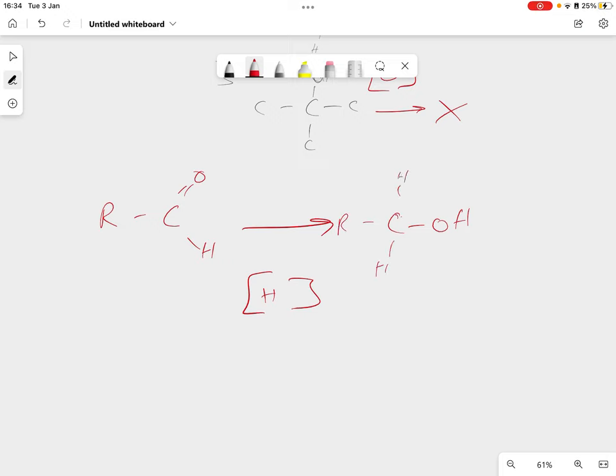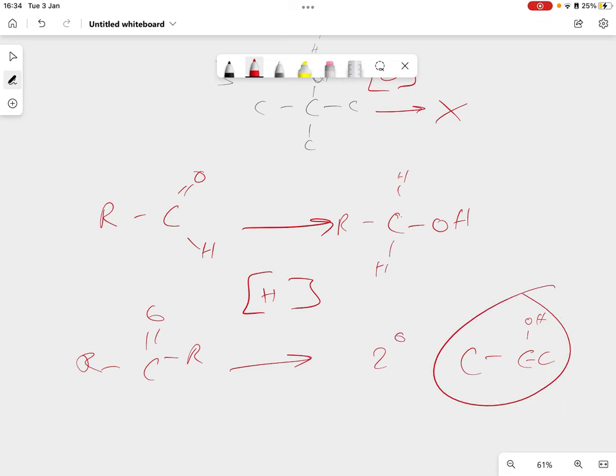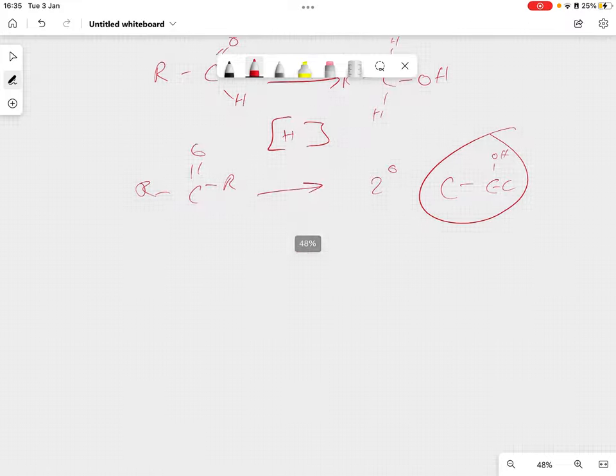And reducing agents are in terms of addition of hydrogen and loss of oxygen. And a ketone will go to a secondary alcohol. That is reduction. So we can form alcohols, we've just discovered, from carbonyls. That's another production method of an alcohol.